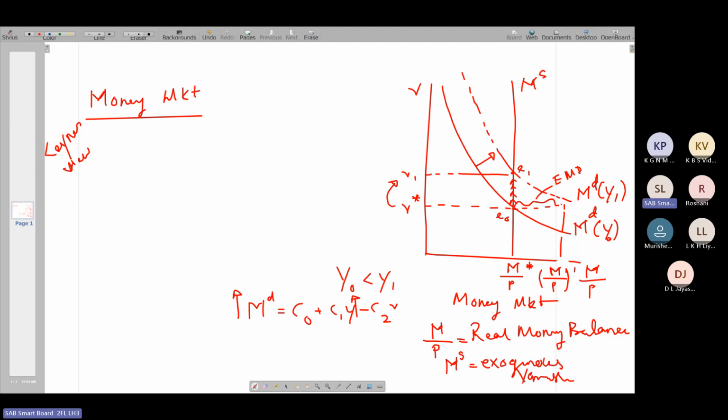So when money demand increases and the money supply is constant, there is excess money demand in the money market, which we identified at the prevailing interest rate, given by this distance. In order to come to equilibrium, one of two outcomes needs to happen: either there should be an increase in money supply, or there should be a decline in money demand.